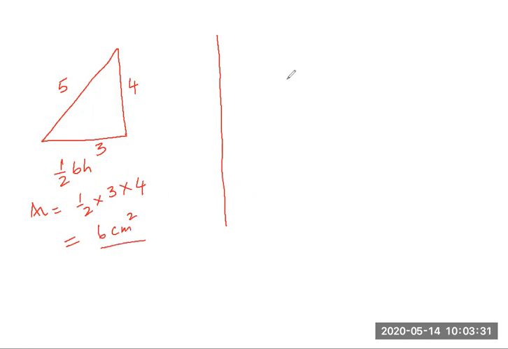If we apply Heron's formula to this case, the semi-perimeter will be equal to 5 plus 4 plus 3, that is the perimeter, divided by 2. 5 plus 4 is 9, plus 3, 12, by 2 is 6. Now, think whether Heron's formula can be applied. Yes, it can be applied because 6 is not equal to any of the sides. So what will be the area?